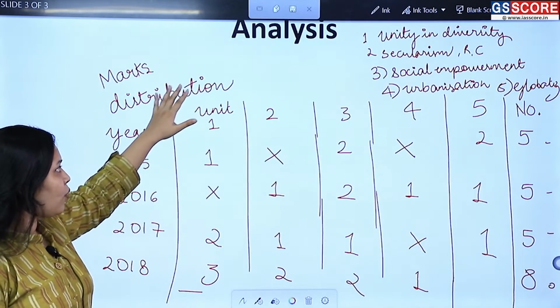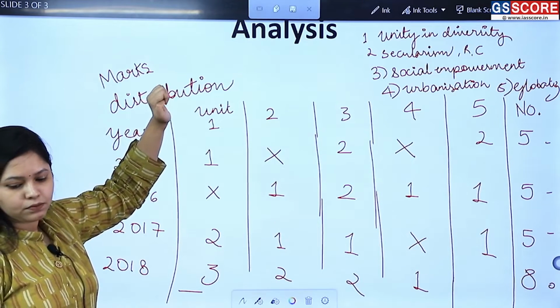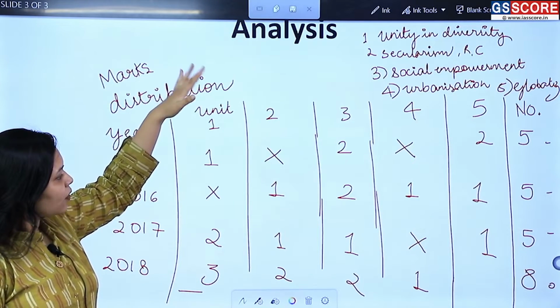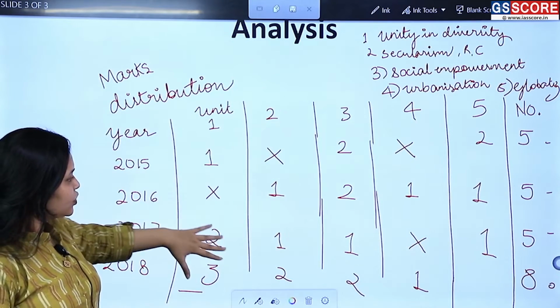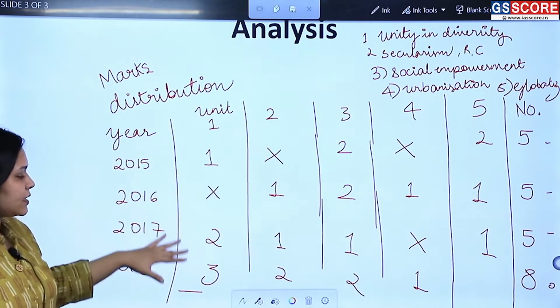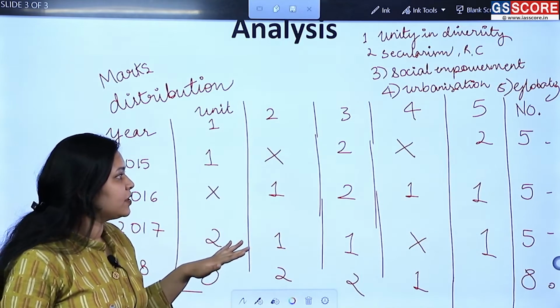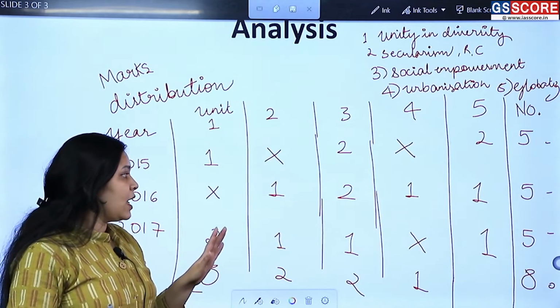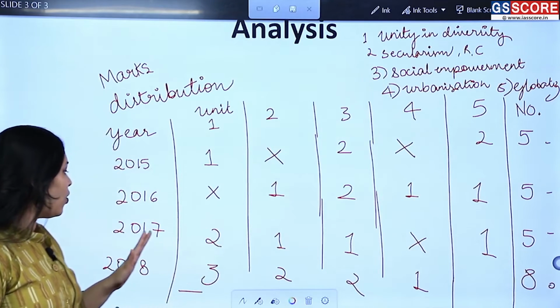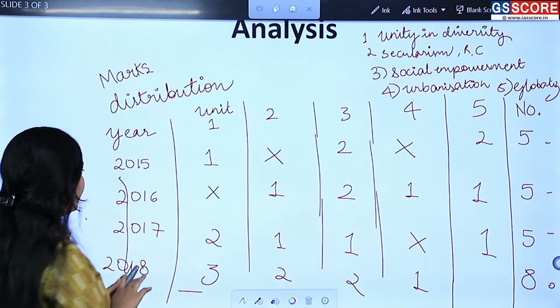Emphasis was given to secularism and social empowerment, and Unit 1, right? So these 3 units were given excessive emphasis in the first couple of years, and we see that the number of questions eventually increased.